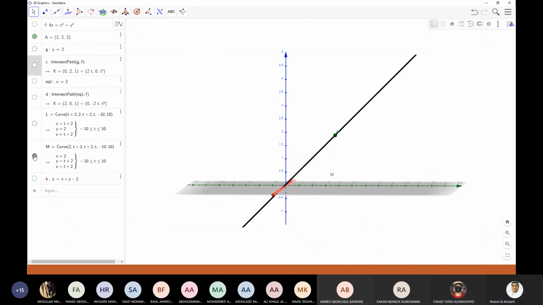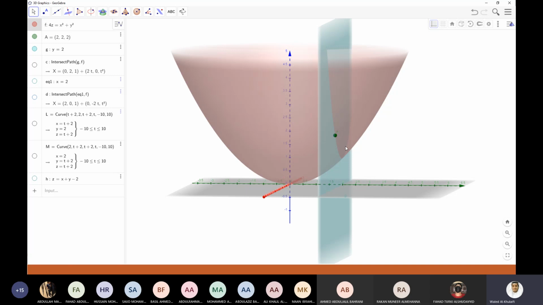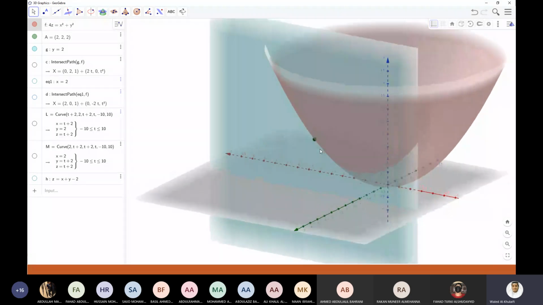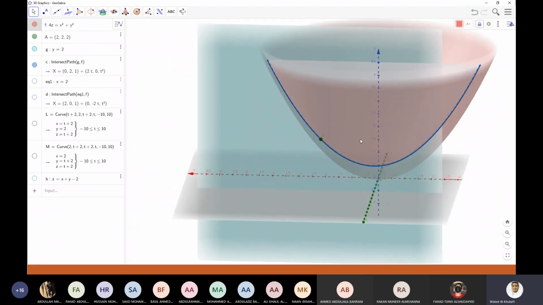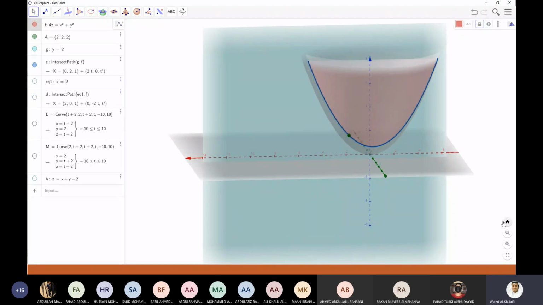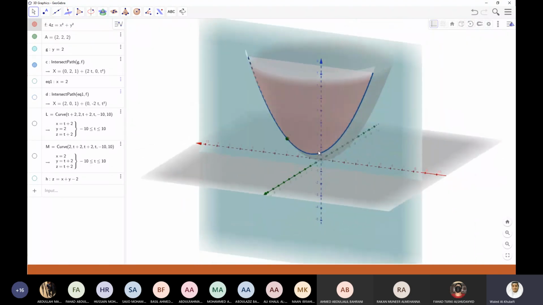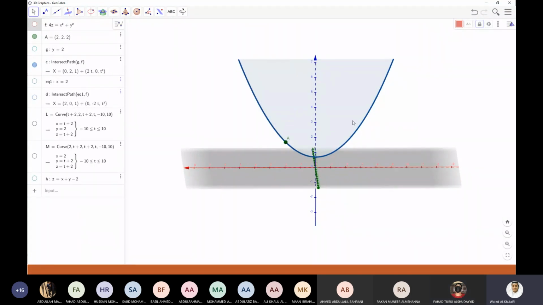Similarly, if we have this surface, and instead I make y equal to the y coordinate of that point, then the intersection becomes this, the blue one. You see the blue curve here, and if I remove these and the plane, we have this curve in two dimensions.